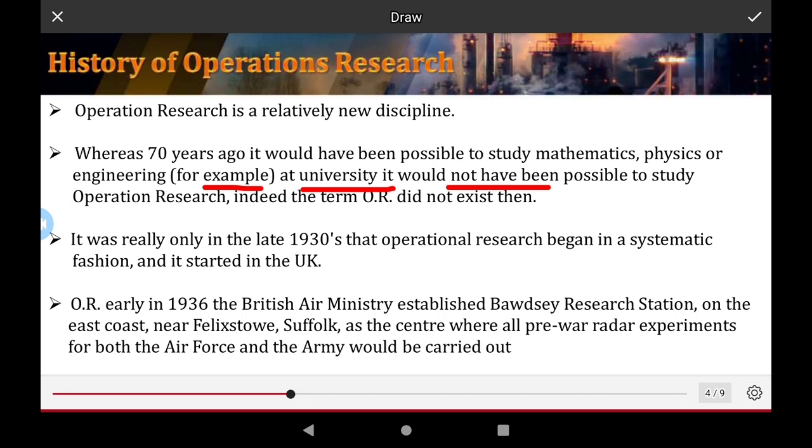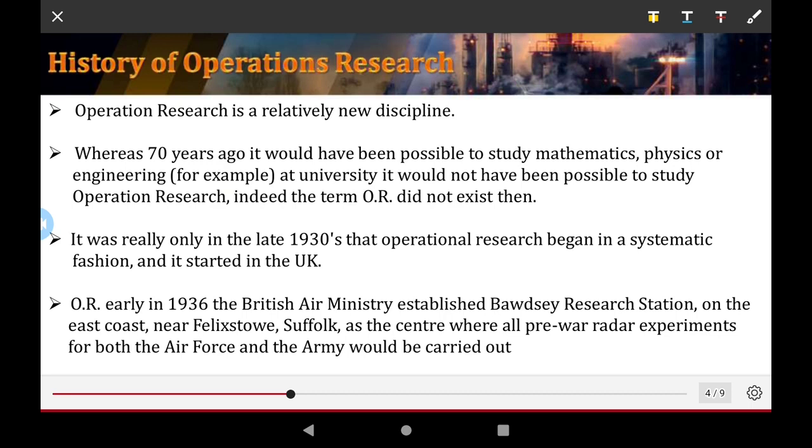It was really only in the late 1930s that operation research began as a systematic function, and it started in the United Kingdom.